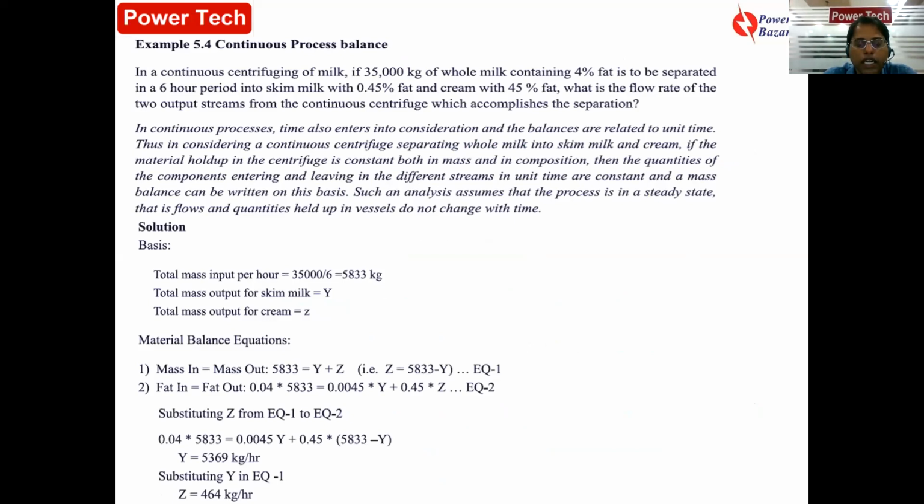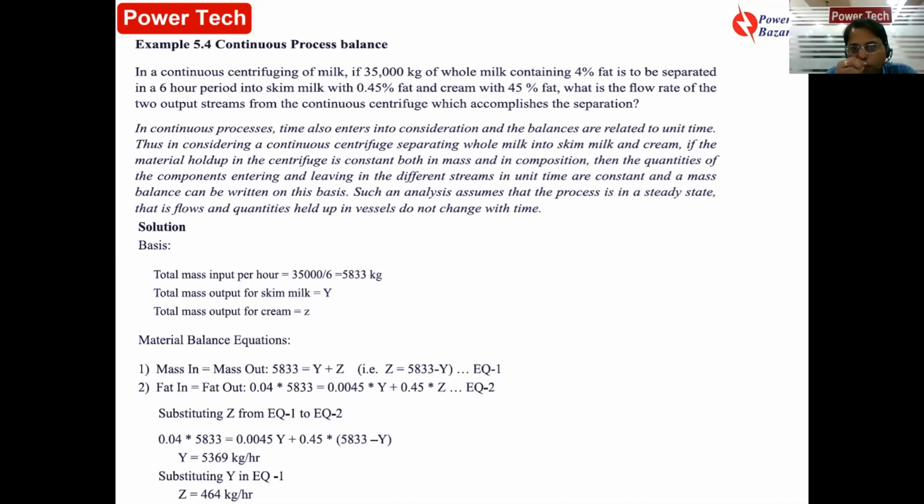Material cannot be created or destroyed, so material going into a system is equal to material coming out of the system. And we have already studied the basic principle of mass balance.